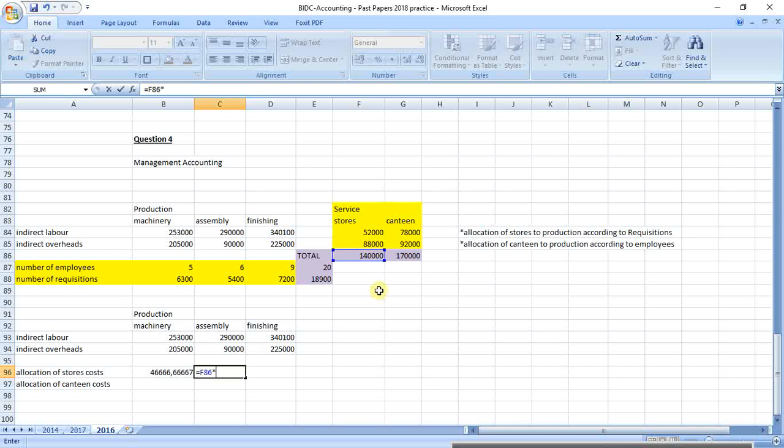How are you allocating it? Number of requisitions. Yeah, so 4/5 times 54. Oh, I wrote down 25. Okay, let me change it. Divide by the 80. It's 4,500.